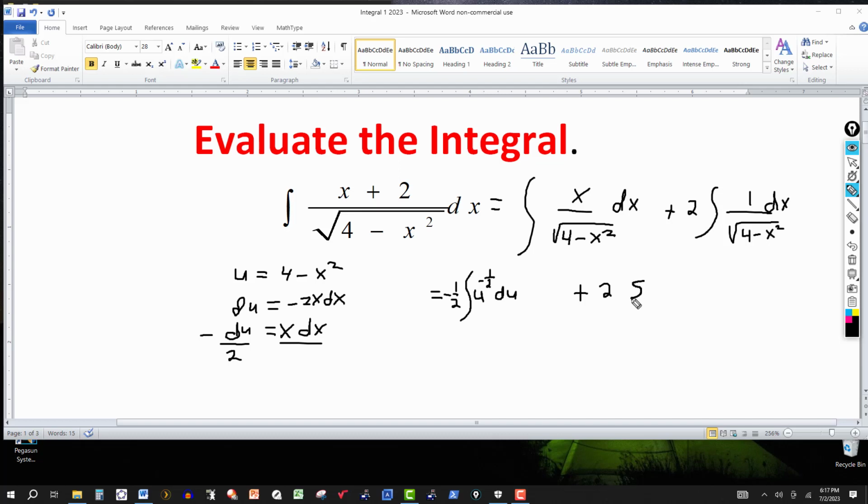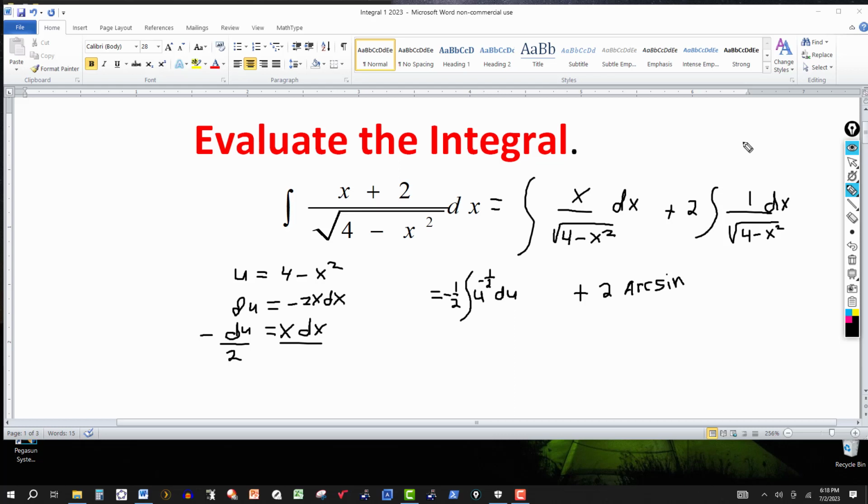So that has an integral of sine inverse, or arc sine. We write it as arc sine. So it'd be arc sine of u over a. Here the a is 2, since 4 is 2 squared.